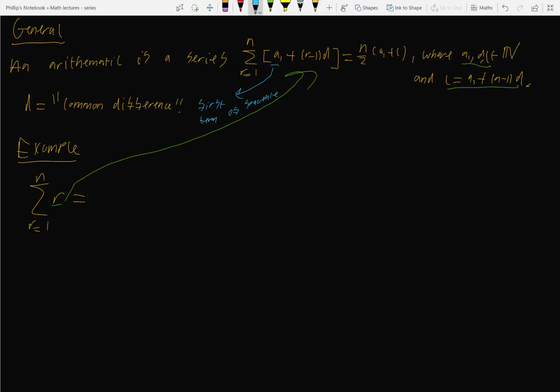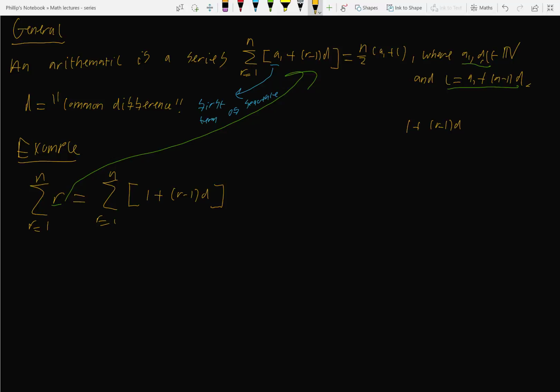So this is going to be the sum from r is equal to 1 to n of 1, because it's the first term of the sequence, plus r minus 1 times d, correct? And what does 1 plus r minus 1 times d equal?